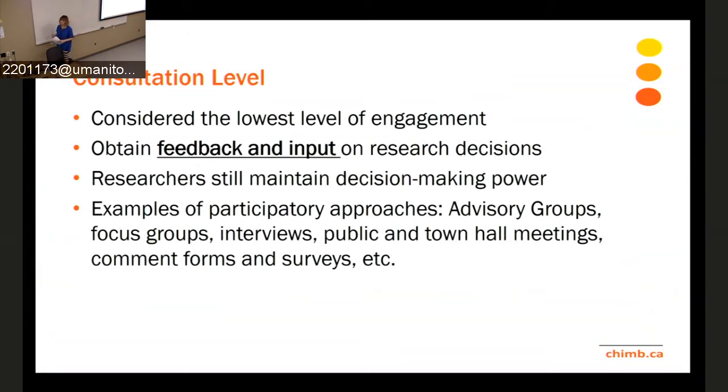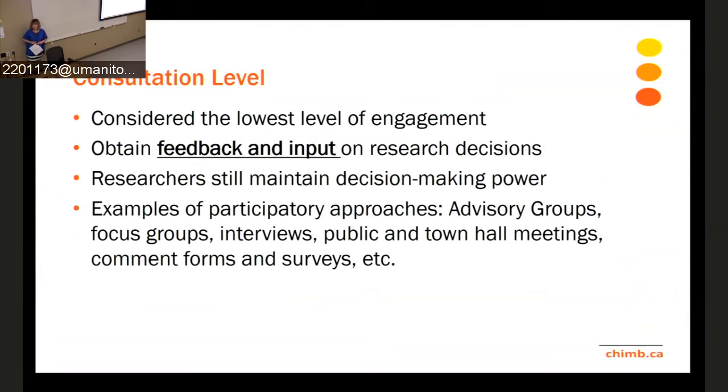Now when I say advisory groups, a lot of times what we see with the patient and public advisory groups is they start out at the consultation level and they gradually move towards the co-development and collaborative aspect as the research process goes on. Sometimes even the patient directed, where they take on a chunk of the research process. So it's an interesting thing that it can fall on all of those spectrums.